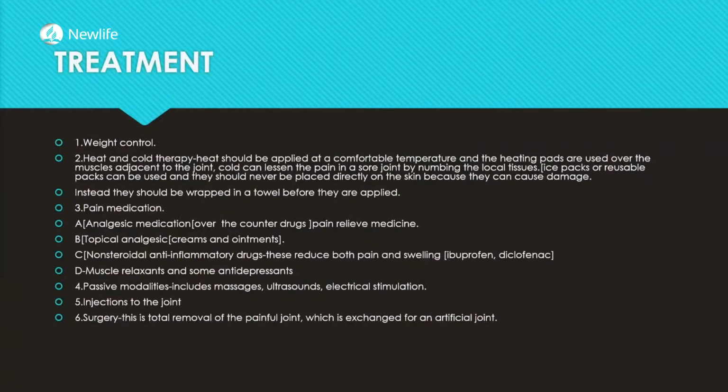We have pain medication, e.g. the analgesic medication. These are the over-the-counter drugs. We have topical analgesics. These are the creams and ointments. We have the non-steroidal anti-inflammatory drugs. These reduce both pain and swelling, e.g. brufen and diclofenac.